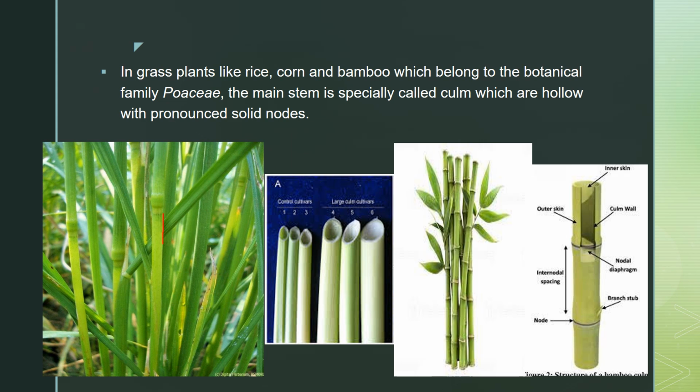If you take a cross section to see the inside structure of the stem of corn, or any plant belonging to the family Poaceae, you can see there is a hollow in the middle, like this one.